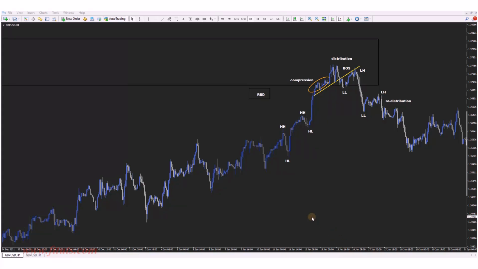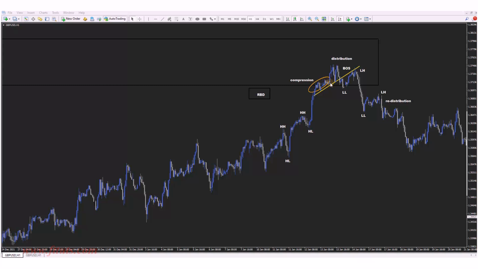It is about marking and knowing what is the higher high and higher low on the bullish market. As here, yes, this is a very clean move to the main supply. So we have higher high, higher low, higher high, higher low, and in this case, price came to the supply as a compression move with the last strong push to the up, and then we had a break of structure to change the structure.